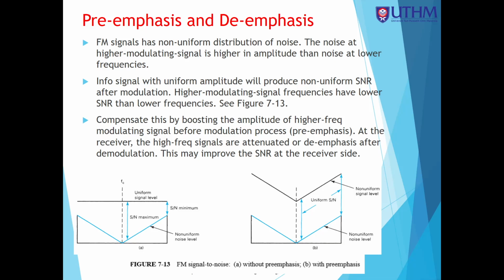So that means if we use a higher modulating signal frequency, the noise produced by the system will be higher in terms of amplitude. Information signal with uniform amplitude will produce a non-uniform SNR at the output. Higher modulating signal frequency has lower SNR compared to the lower modulating signal frequency.